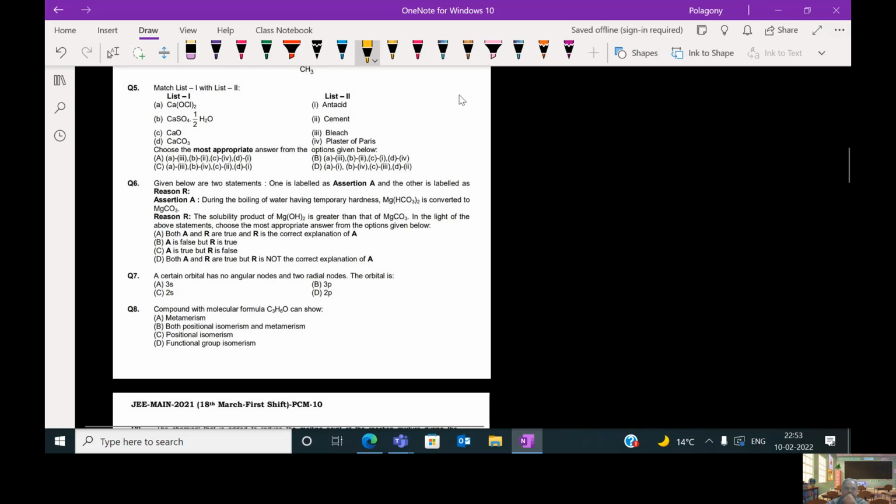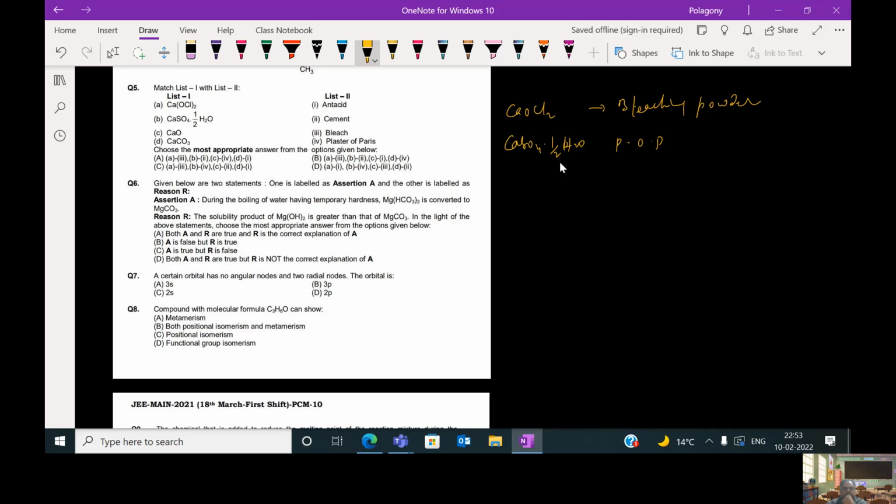From this question, match the following is given. One is bleaching powder, CaOCl2, and another one is calcium sulfate with H2O, this is POP. This is bleaching powder, we say.